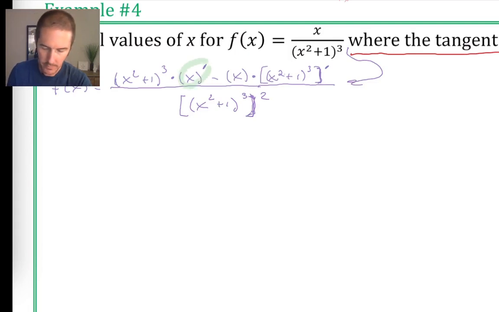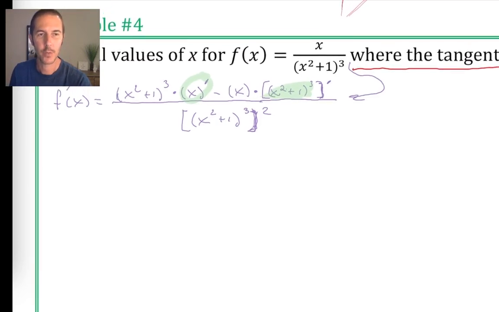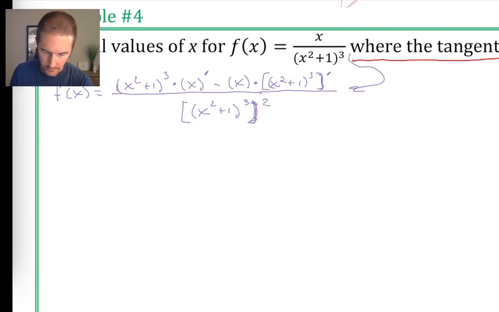Taking the derivative of x to the first power is going to be easy. Taking the derivative of this is going to be a different story. That's going to require the use of the chain rule, because there's an inner function and an outer function.